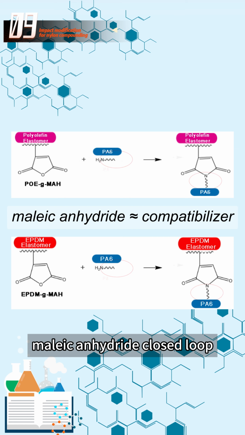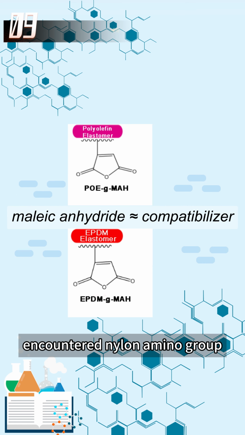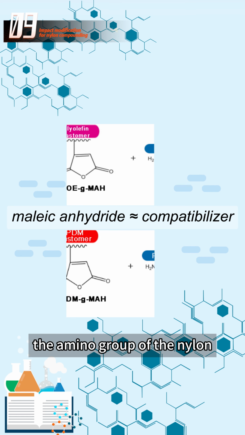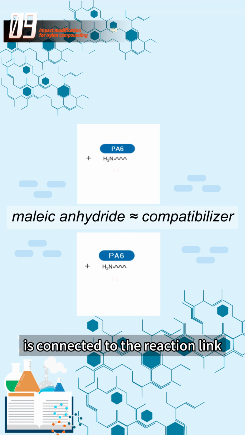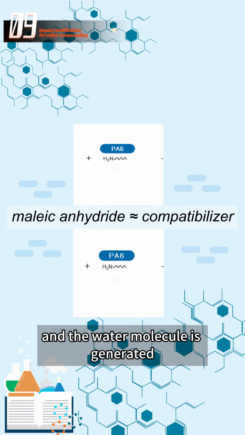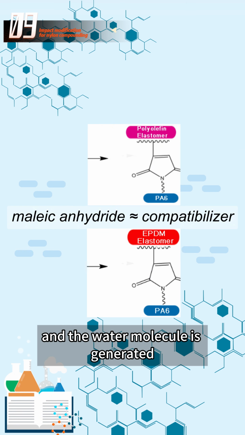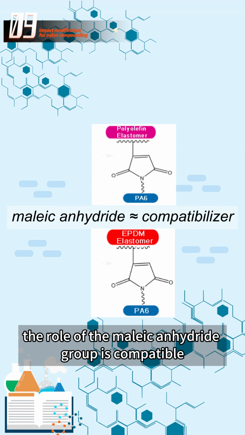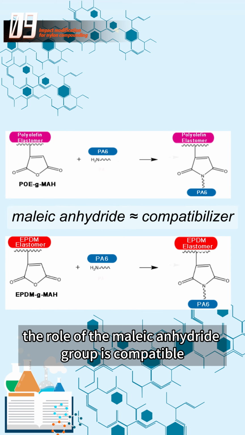Maleic anhydride closed loop encountering nylon amino group, the closed loop is opened, and the amino group of the nylon is connected to the reaction link, and a water molecule is generated. So the role of the elastomer part is toughening. The role of the maleic anhydride group is compatibility.